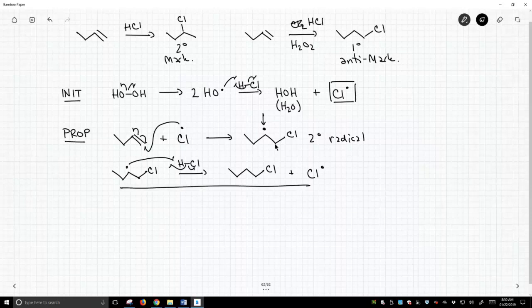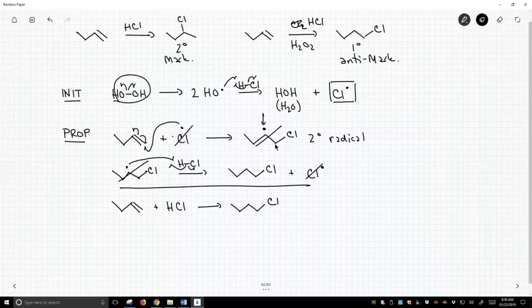So if we add up these steps, the chlorine radical cancels, this alkyl radical cancels, and what we end up getting is our double bond reacting with HCl to form our terminal alkyl halide.